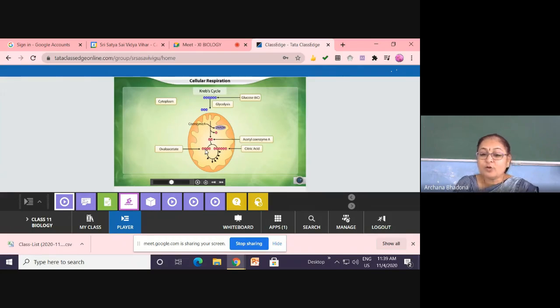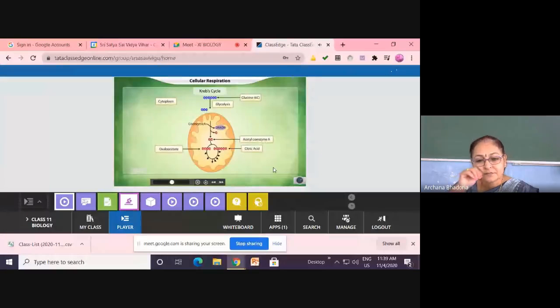That is, oxaloacetic acid is regenerating. So the reaction is going on in a cyclic way. So you call it a cycle: TCA cycle or tricarboxylic acid cycle or citric acid cycle or Krebs cycle. Is it very clear to everyone this much? Now see the reactions nicely.